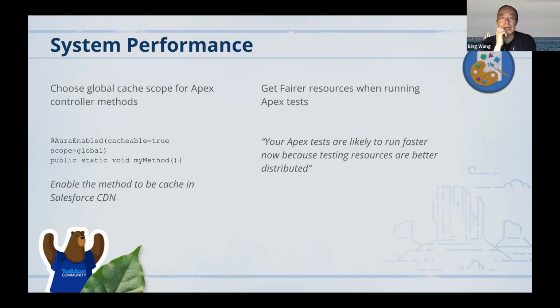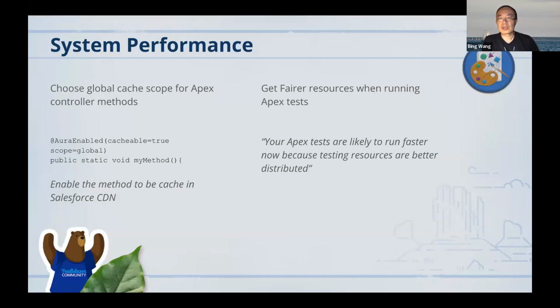And the other item wasn't actually very clear in the release note. It just says, now you have fairer resource allocation when running Apex tests. It says in the past, some of the allocations for tests that require multiple jobs or something like that, the fair allocation of resources was not guaranteed and sometimes caused a bottleneck.